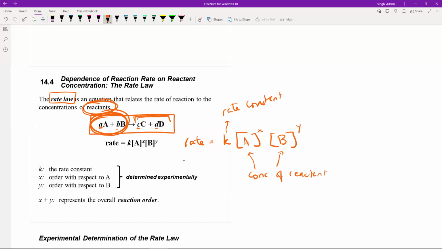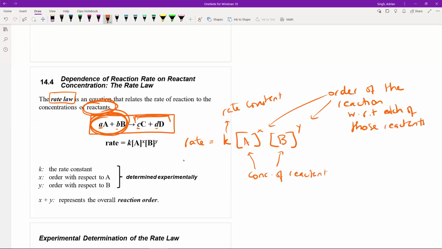And then x and y are known as the order of the reaction with respect to (WRT) each of those reactants.